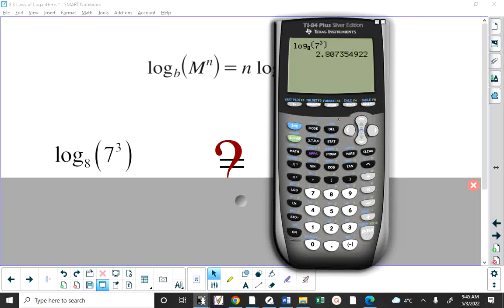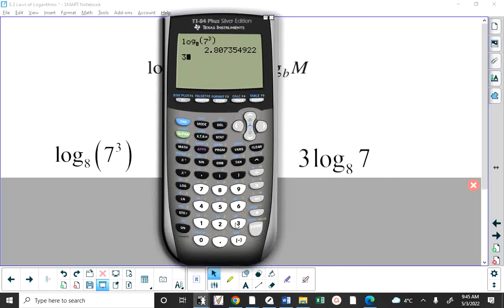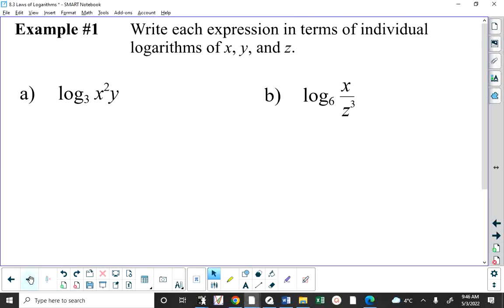It's that number. Instead, I can just go 3 times log base 8 of 7, and I get the same number.